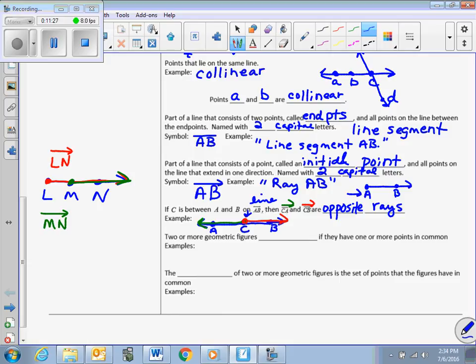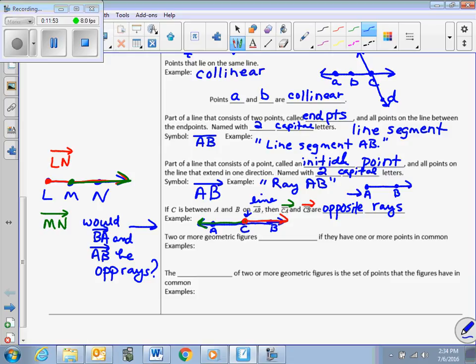Would ray BA and ray AB be opposite rays? I'm going to write you that question. Would BA and AB be opposite rays? In this example right here, you tell me, yes or no.